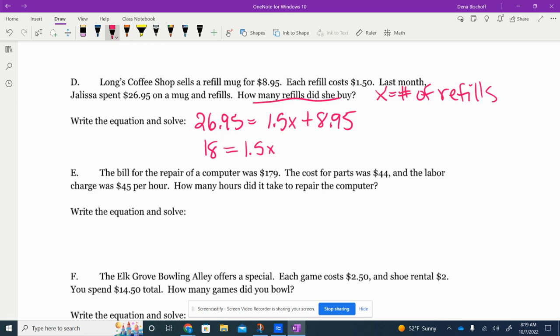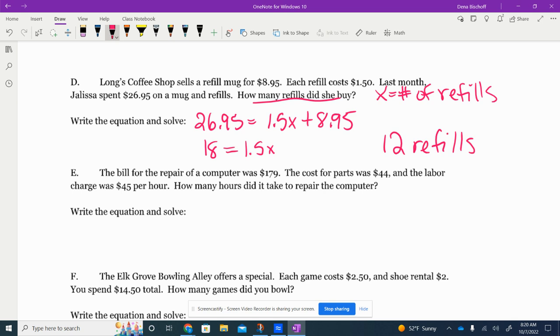And then I have to double that because I doubled the 1.5. So I think that she bought 12 refills. But someone can do that on a calculator and tell me if I'm close. Evan, did I get it right? Did you check it? Cool.